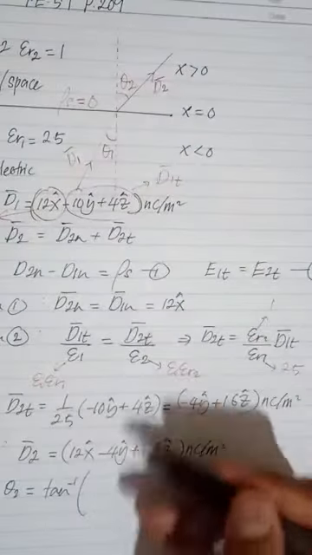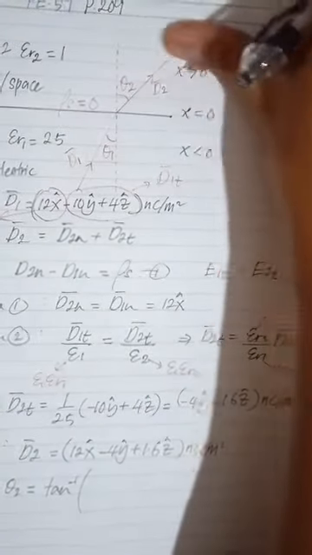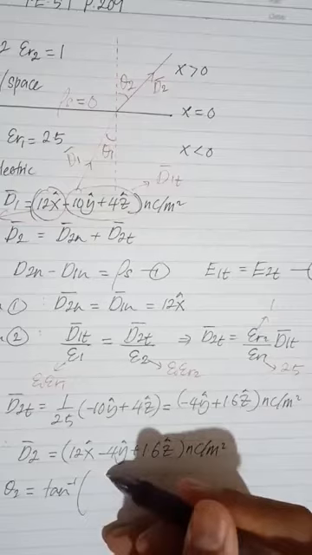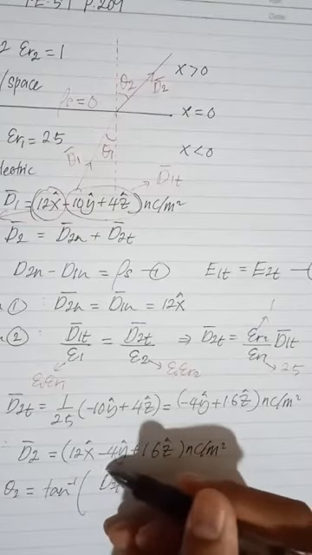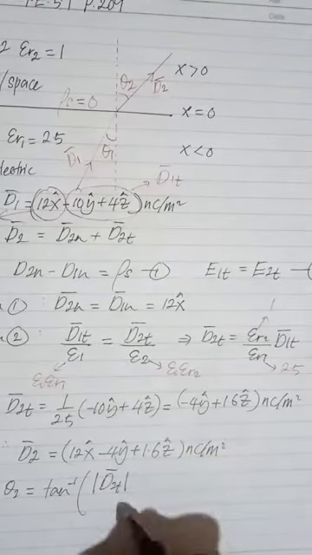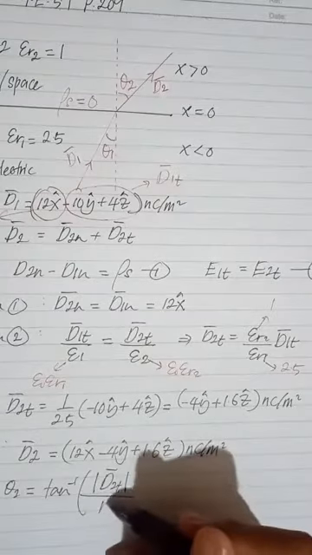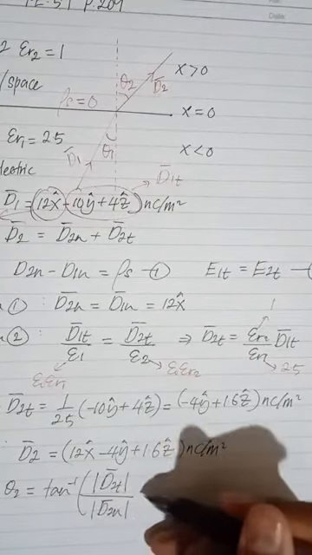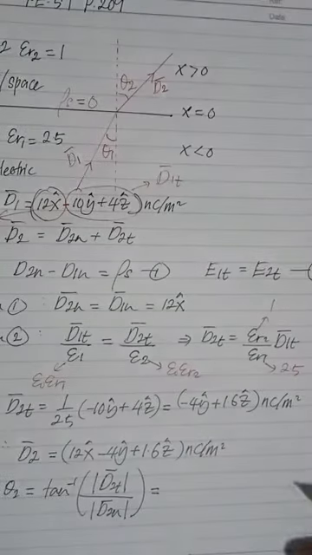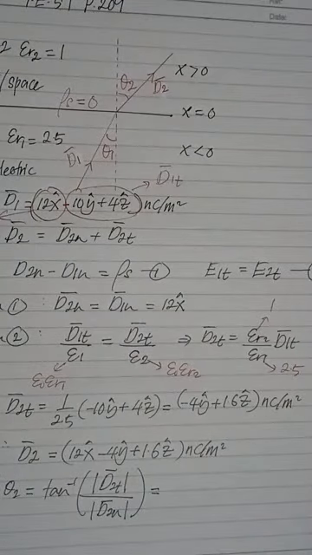The first one over here is the magnitude of your tangential component. So take the D2 tangential, but only taking the magnitude, over the D2 normal. Again, just take the magnitude. Alright, so from here you can proceed and you can find the value as given in the textbook.